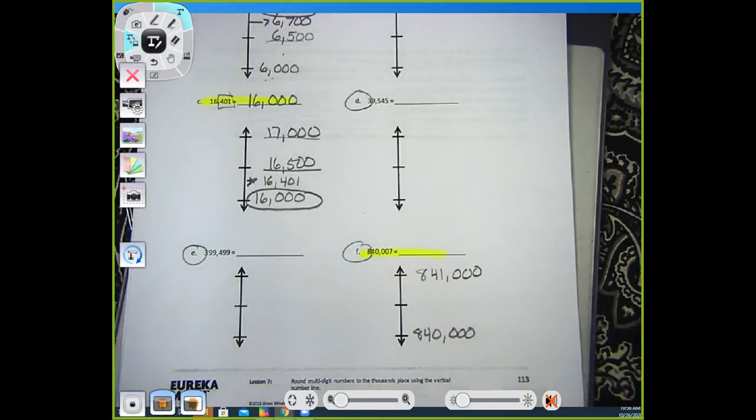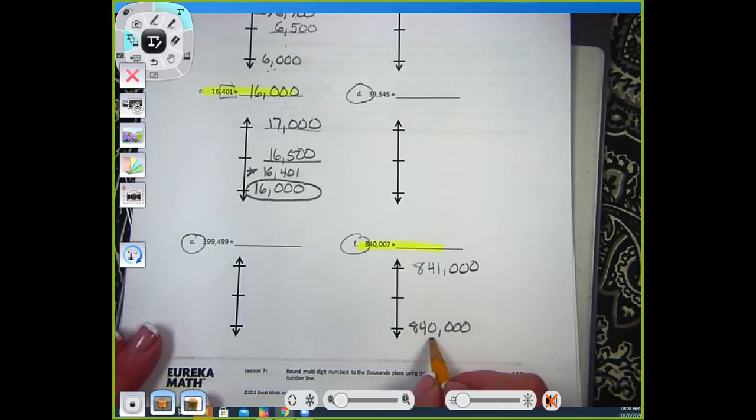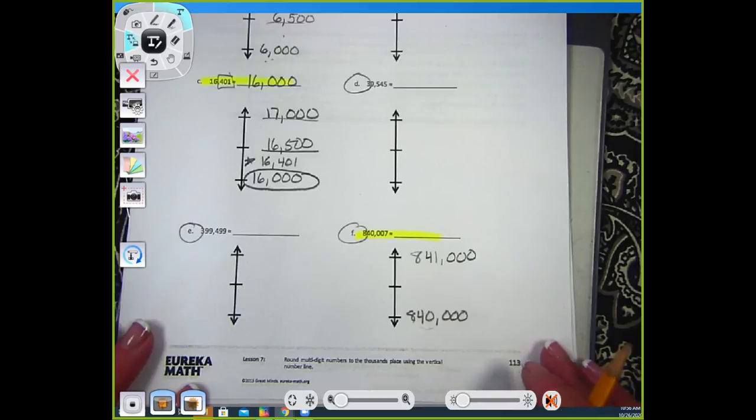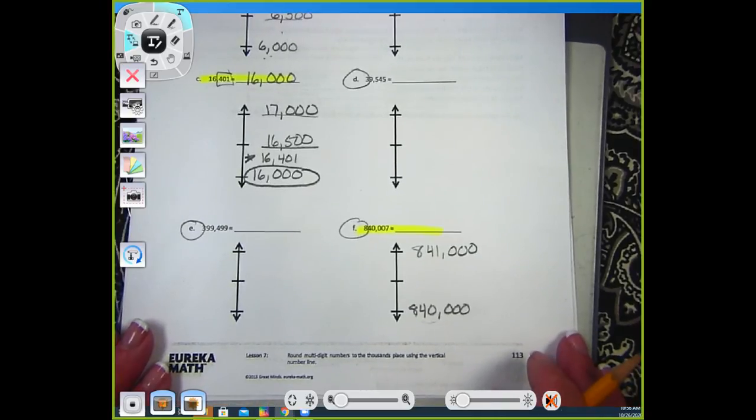Okay, halfway in between 840,000 and 841,000 would be what? Halfway in between. What do you think, Zoe? What's halfway in between?